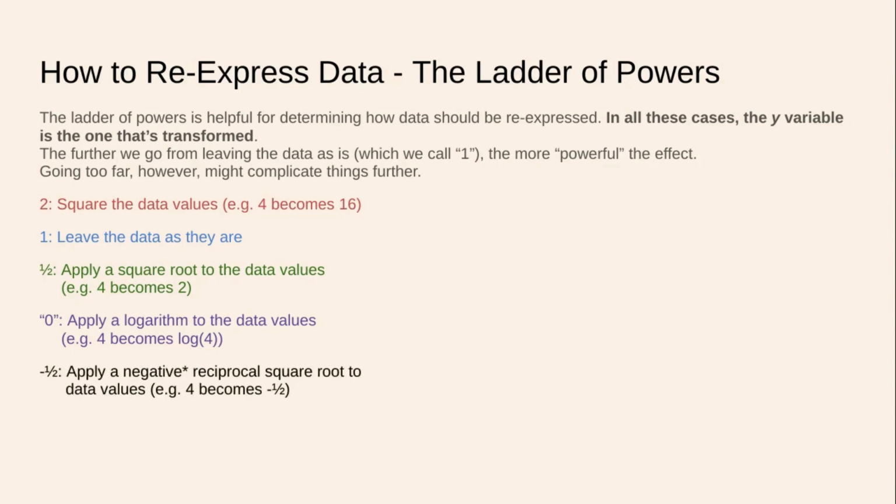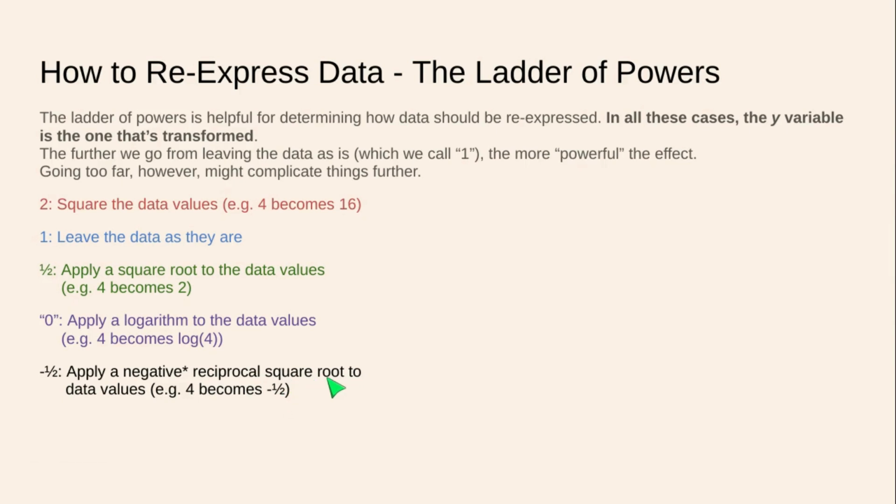Negative 1/2. We are going to apply a negative reciprocal square root to data values. In other words, 4 would become negative 1 over the square root of 4, which is 2. Now notice the order of operations here.